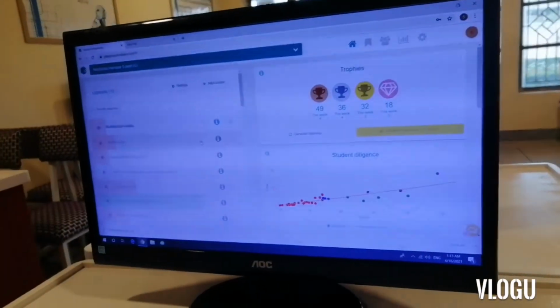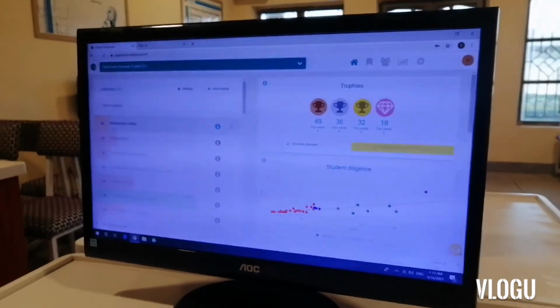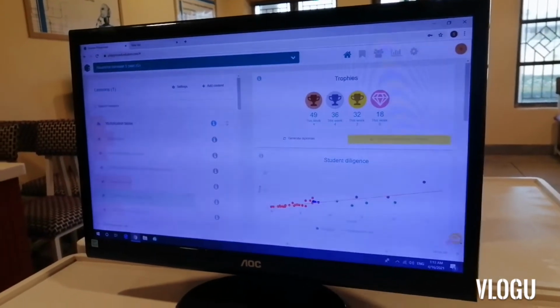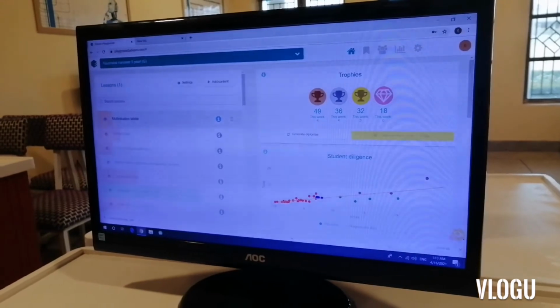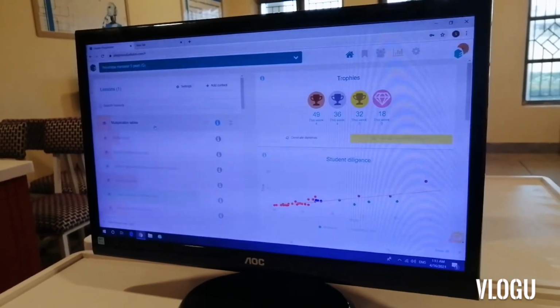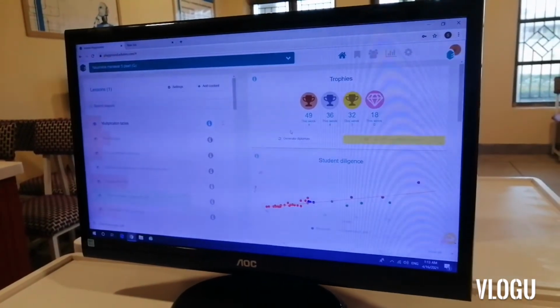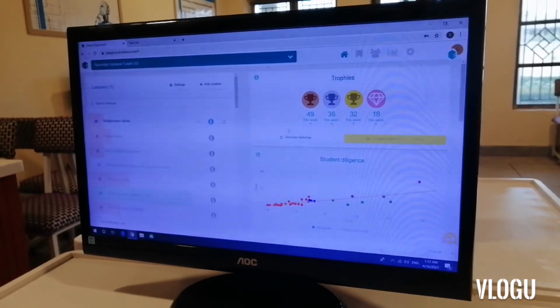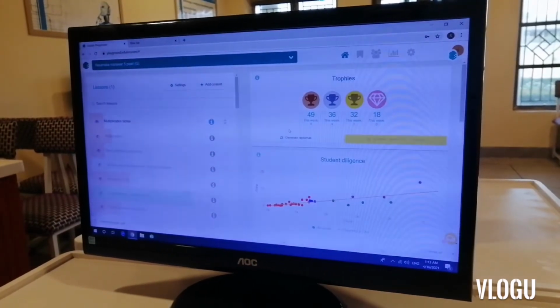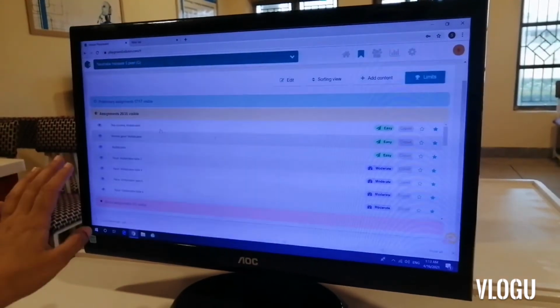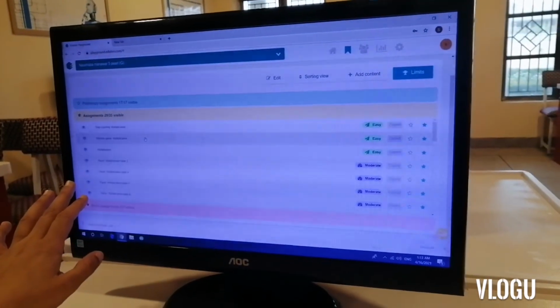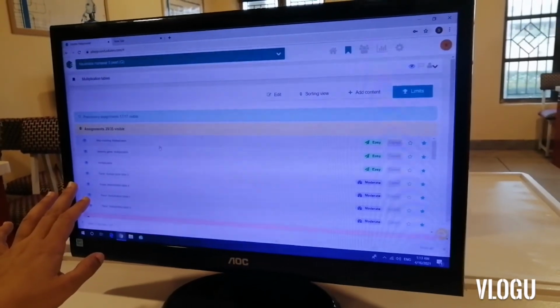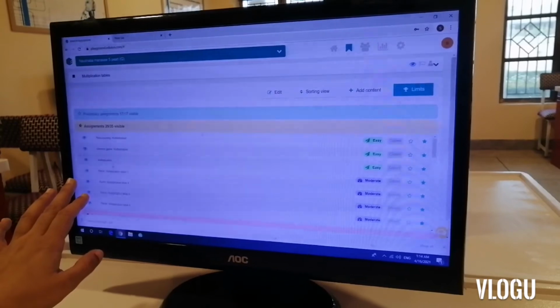Okay, multiplication tables is the lesson. This lesson is open for class 5th Pearl. When I see the games, most of the games are quite easy. It's skip counting, multiplication, memory game, and multiplication.